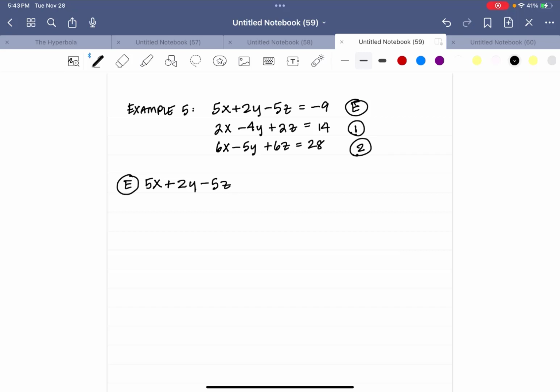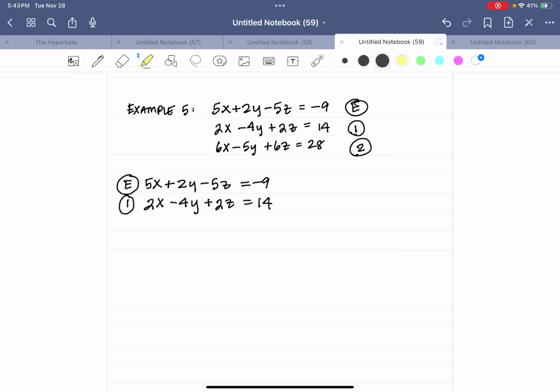5x plus 2y minus 5z is -9. I'm going to combine that with equation 1, 2x minus 4y plus 2z equals 14. Now I can decide which variable I want to eliminate here, just keeping in mind I have to do the same one when I do equation E with equation 2.